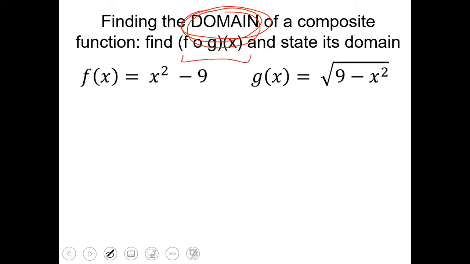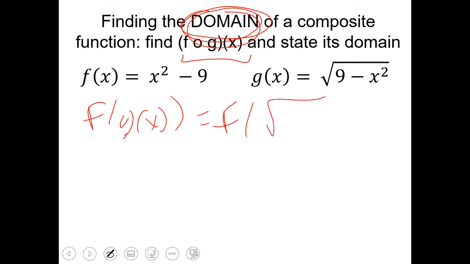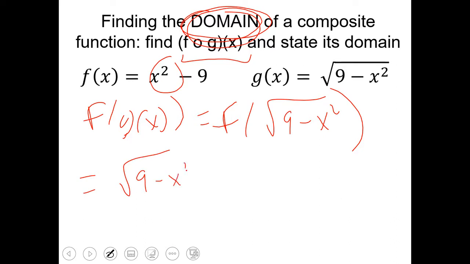If I'm asking you to find f of g of x, you're again going to start on the inside and replace the g of x, which is the square root of 9 minus x squared. If you then plug that into the f function, you're going to get the square root of 9 minus x squared, the whole thing squared, minus 9.